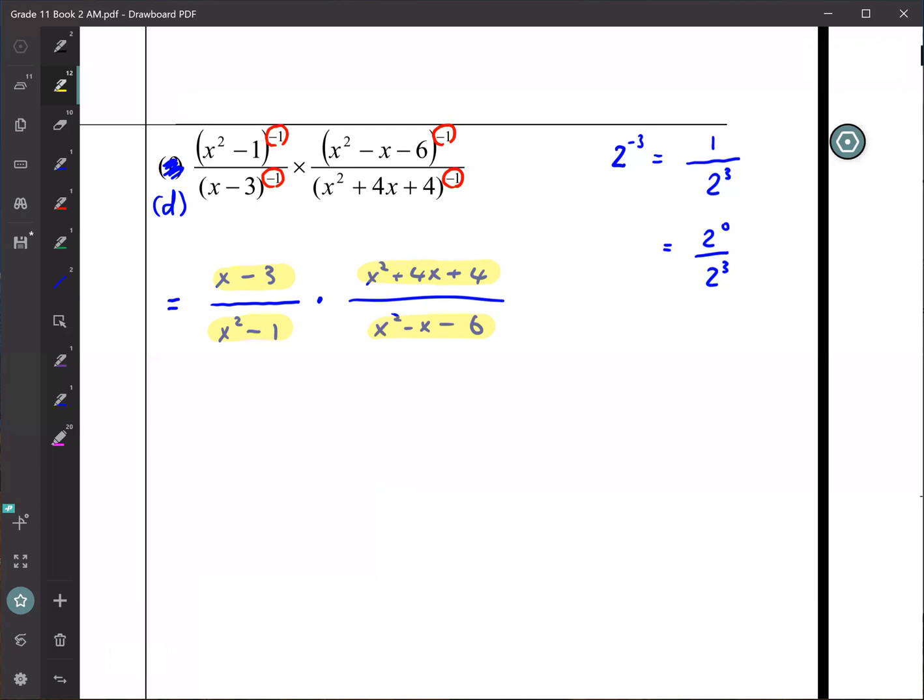So for restrictions, you need to check 4 places. Other than that, everything else is the same. You factor it and then reduce it, okay? So please complete this one and raise your hand.